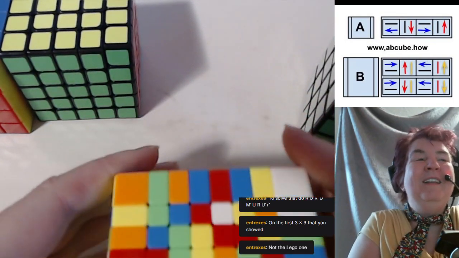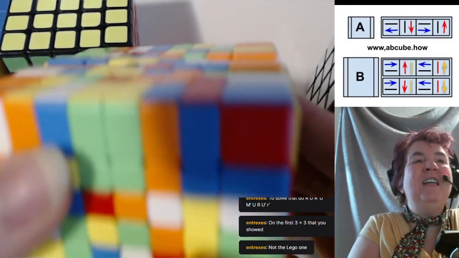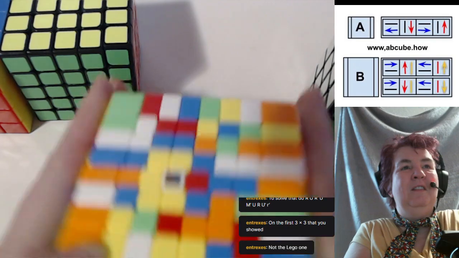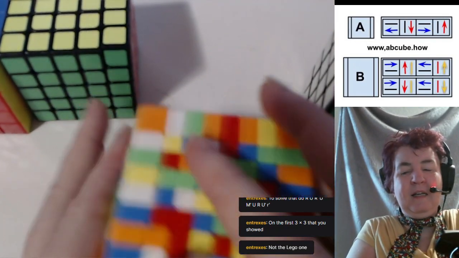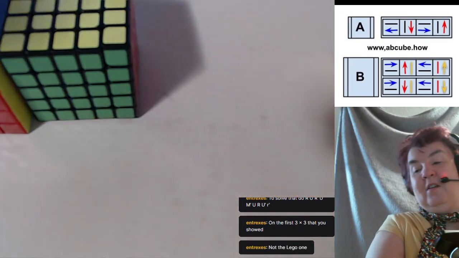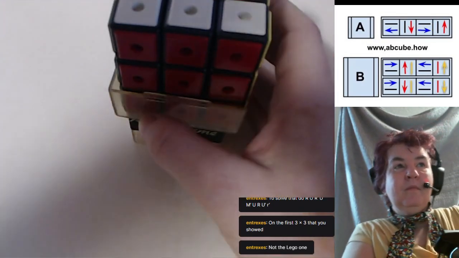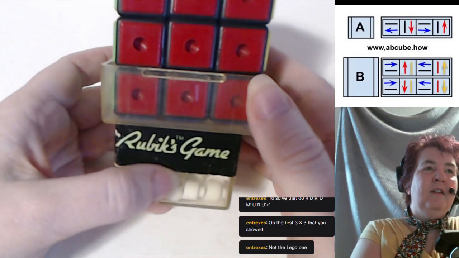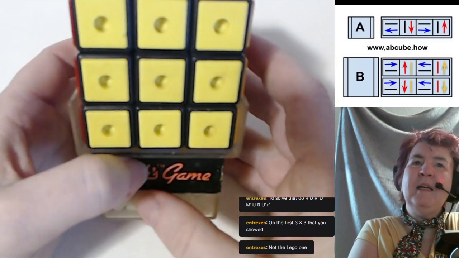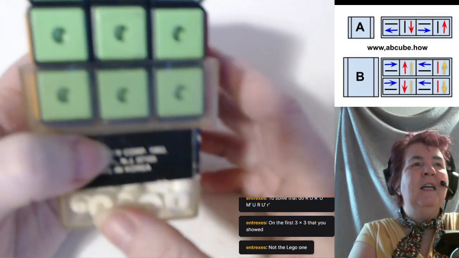You did not have to just think a slice and it would turn for you. Everything had to be completely lined up. This is how I learned back in the 80s, okay? So be nice to me. This is a cube from the 80s. This is the Rubik's game. It did not become wildly popular, surprisingly.